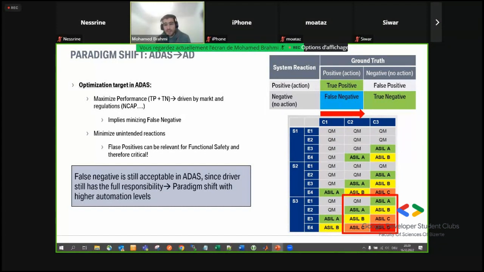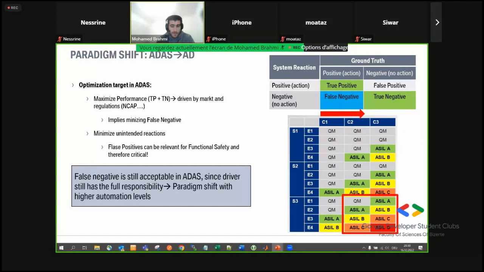In general, what is important for us here to know is the so-called true positive. True positive means the system has done the correct reaction. False negative means we are expecting the system to do something, but the system is not doing that. Just think of it in the context of the EBA function, so emergency brake assist.